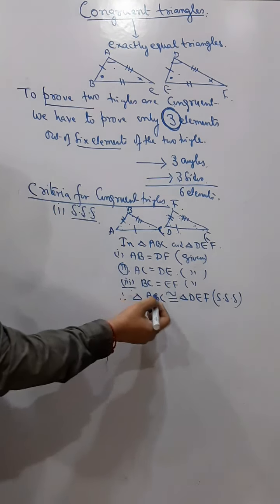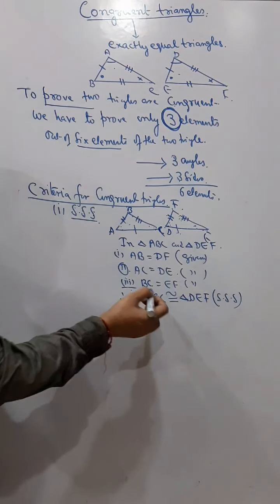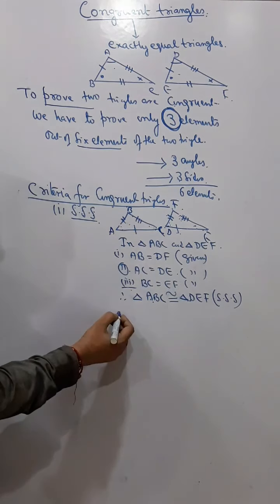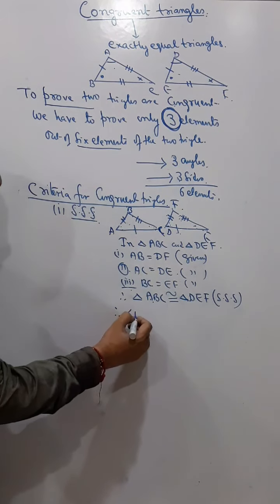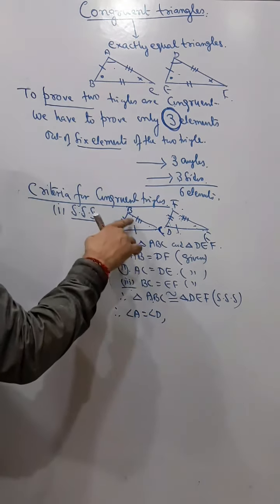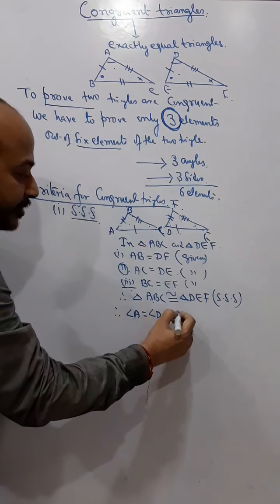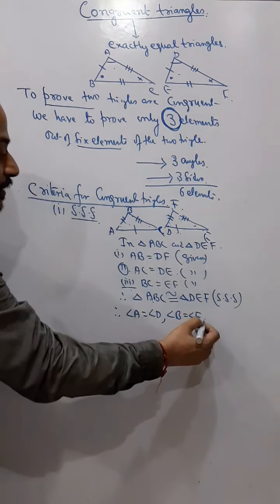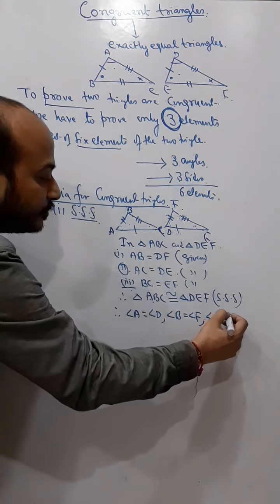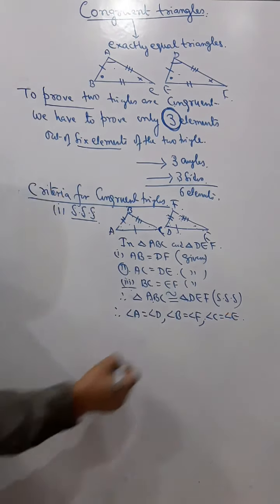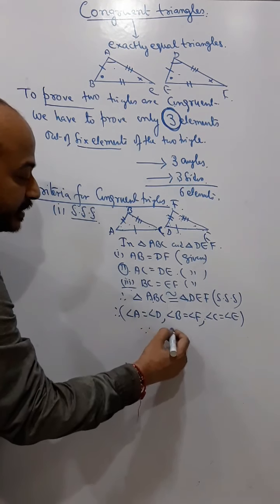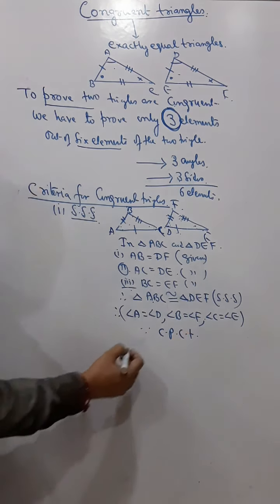And since these two triangles are congruent, we can say that the other three elements which we have not proved are also equal. Therefore angle A is equal to angle D, similarly angle B equals angle F, and angle C equals angle E. The reason we give is CPCT.